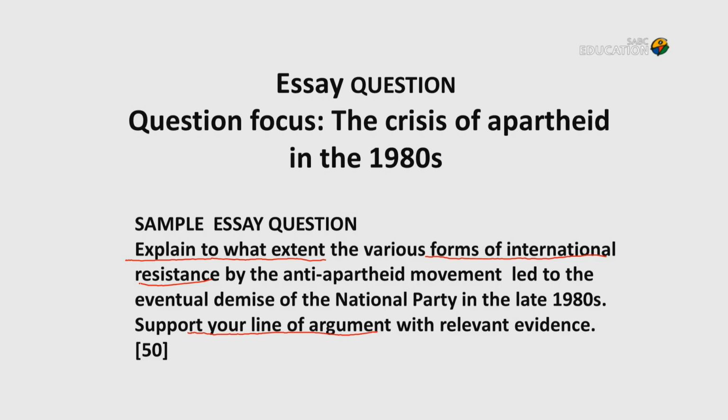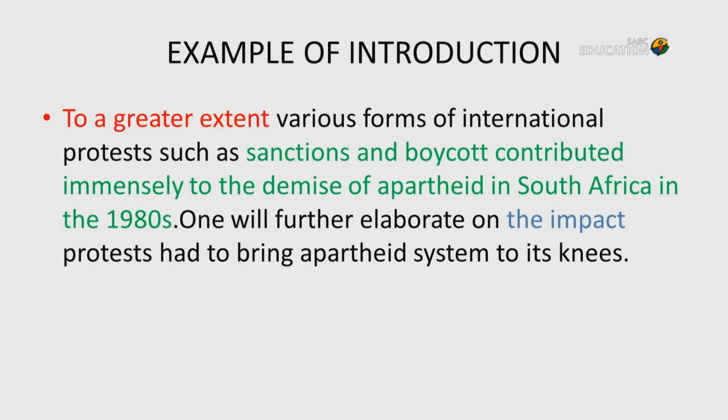And as you argue, you need to provide historical evidence. History is no history without relevant evidence that speaks to the event that occurred. You need to make use of events as evidence that base your argument. Right.